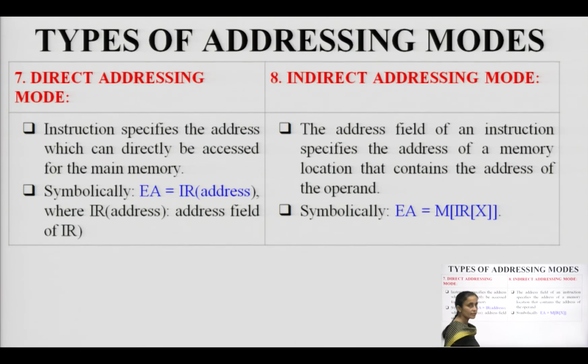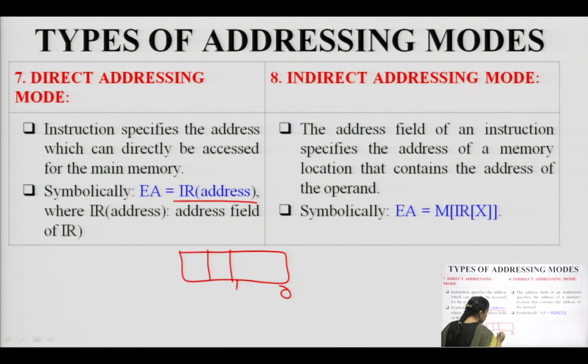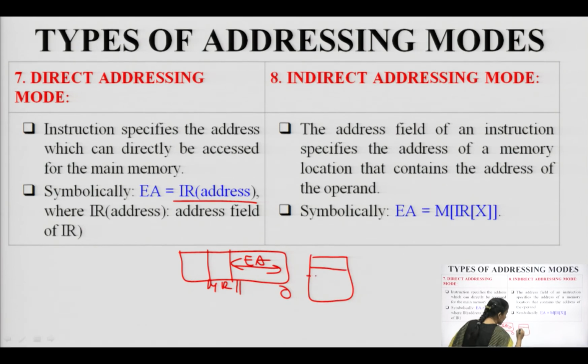The next mode is direct addressing mode. Here the instruction specifies the address directly, as the name suggests. Whatever address part is given in IR, in bits 0 to 11, that is my direct effective address. Whatever I find at that memory location will be my operand.